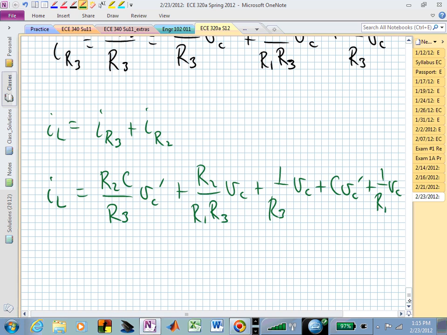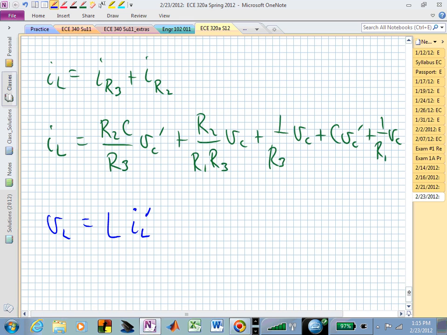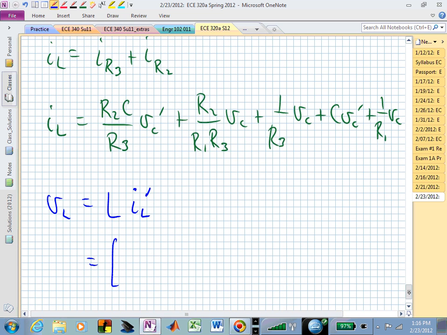Once I have I sub L, I can find V sub L, which is simply Eli, or L I sub L prime. And that now allows me to say, oh, let me collect all my common terms.